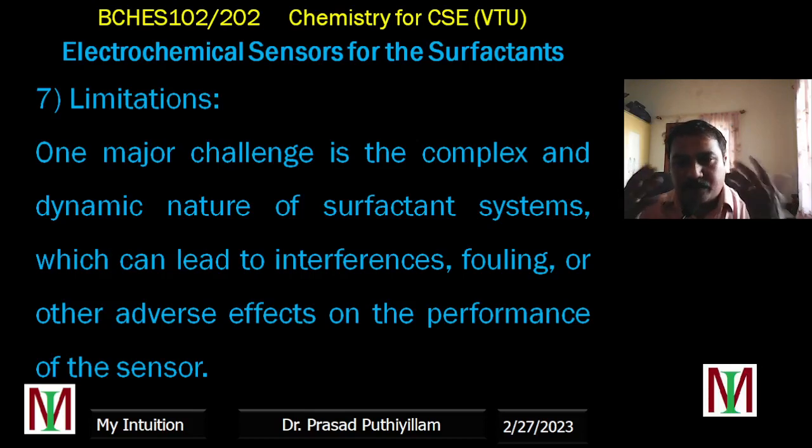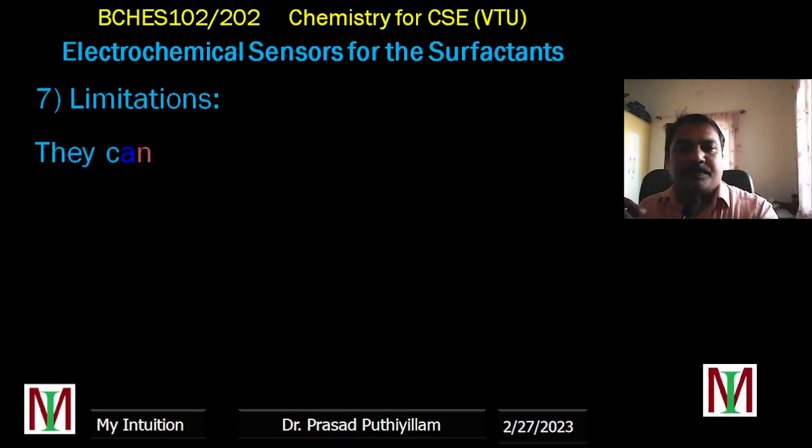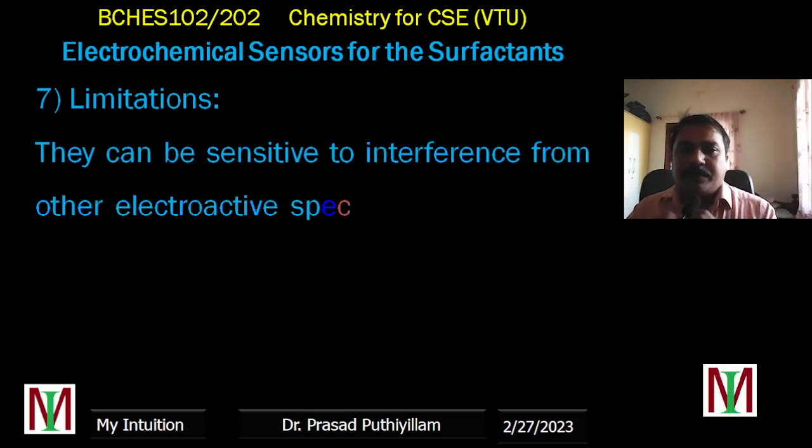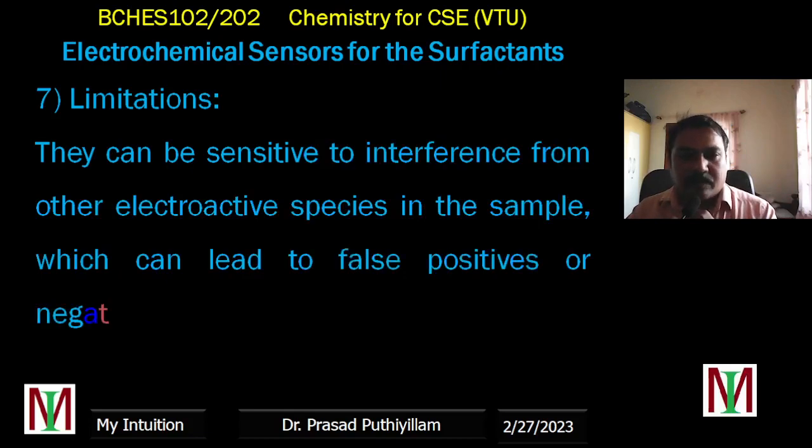Because of the complex nature of the surfactant system, many other interferences are possible, which gives the possibility of false results in the detection using the sensor. They can be sensitive to interference from other electroactive species in the sample, which can lead to false positive or false negative results. There may be other impurities present which are also active towards the electrode.